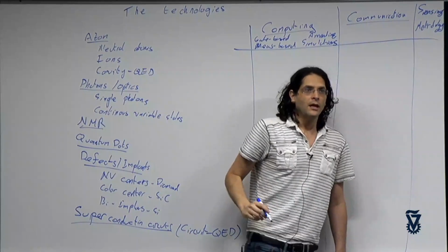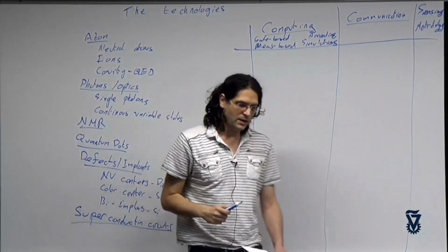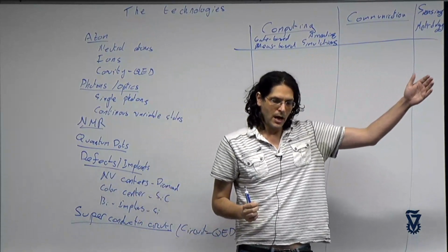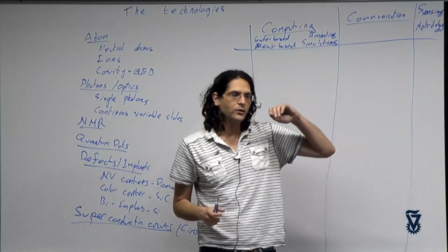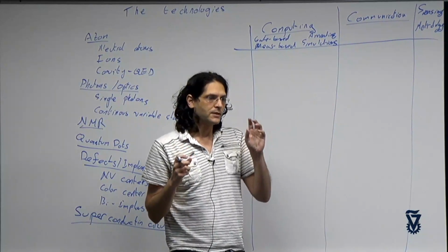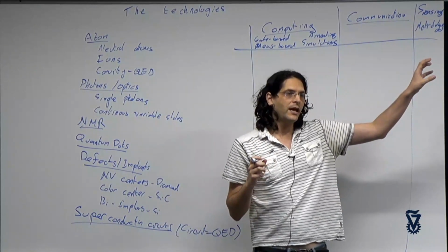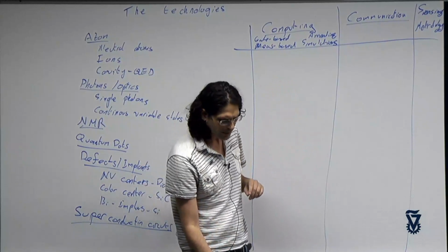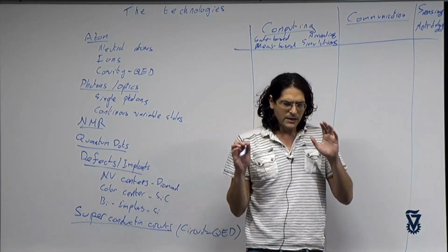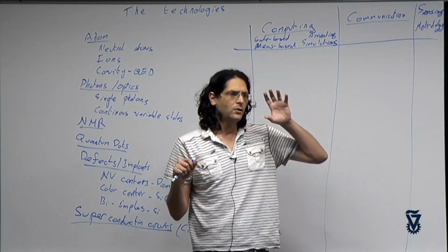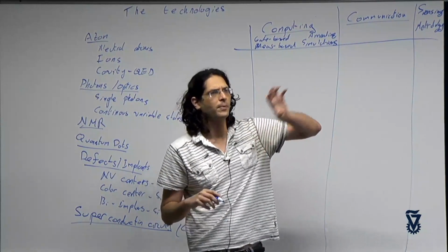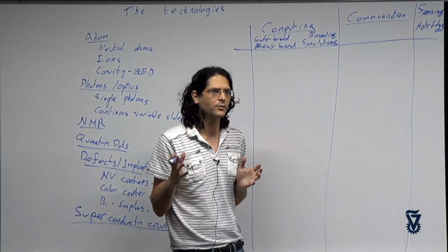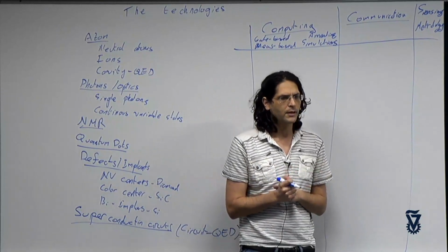Communication. This usually refers to the ability to send information, quantum information, from one node to the other. And typically it refers to sending from A to B in a secure way. We might talk about this a little bit, but it's basically the ability that you can send a qubit from one place to the other, and if someone is eavesdropping, this can be detected with 100% ability.